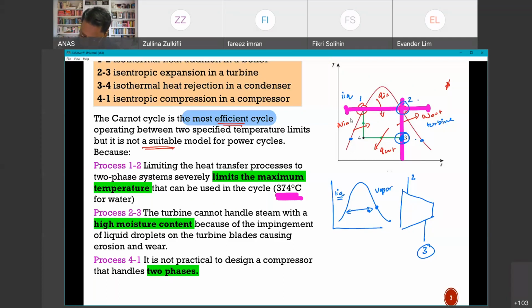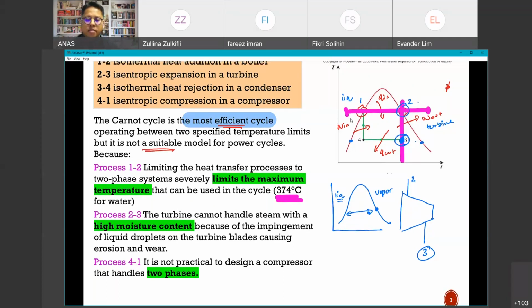If you look at point 3, where the turbine exits, it is quite far inside, meaning that there will be a lot of droplets exiting the turbine. These droplets are not desirable because they cause high moisture content, hence erosion and wear. That's something that we want to avoid.